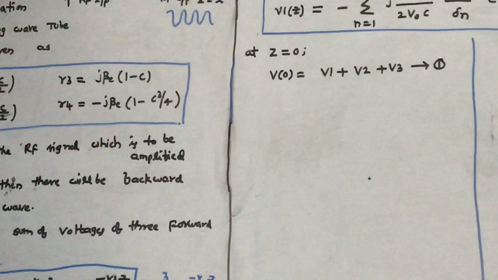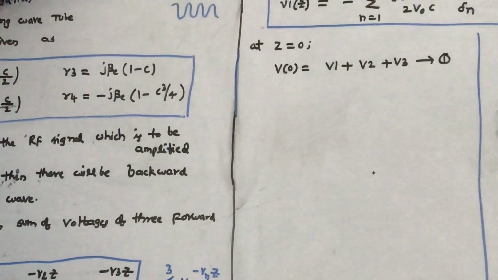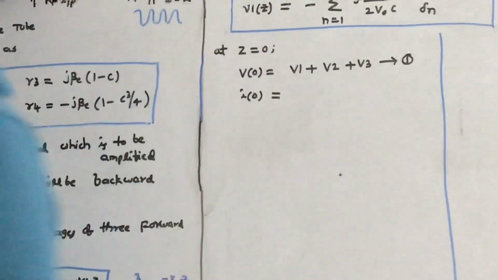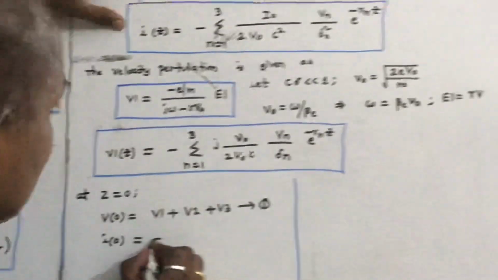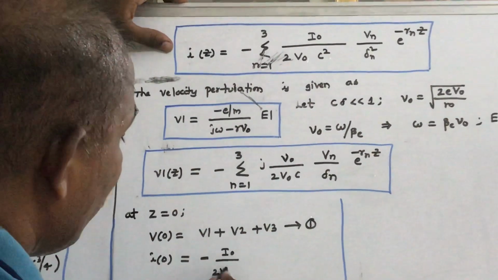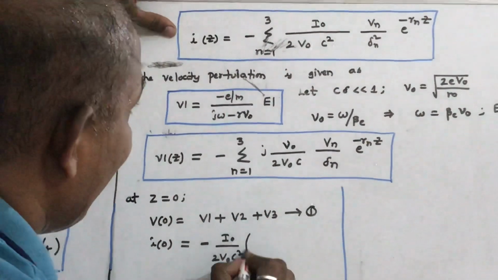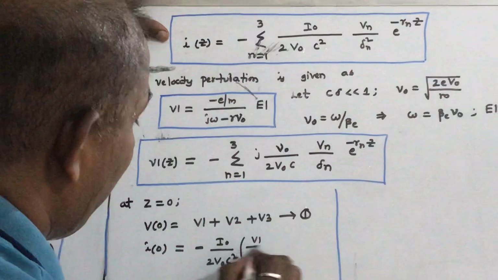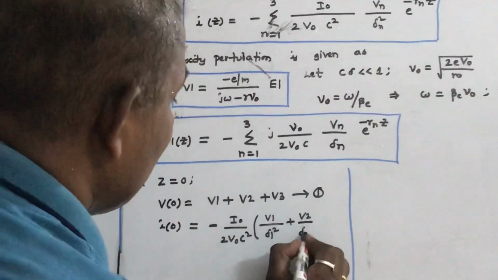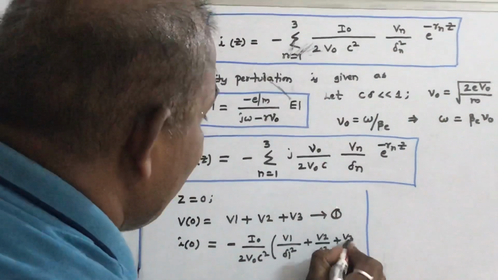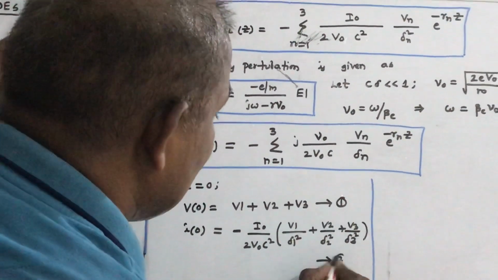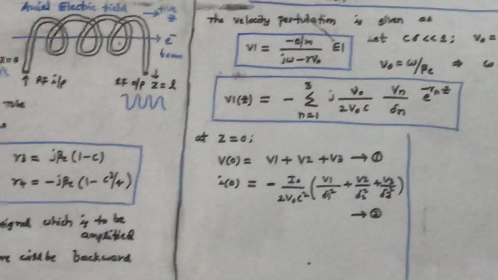Similarly at z is equal to 0, this equation I of z is written as I of 0, equal to minus I0 by 2V0 c square into V1 by del 1 square plus V2 by del 2 square plus V3 by del 3 square. So let us call this equation 2.